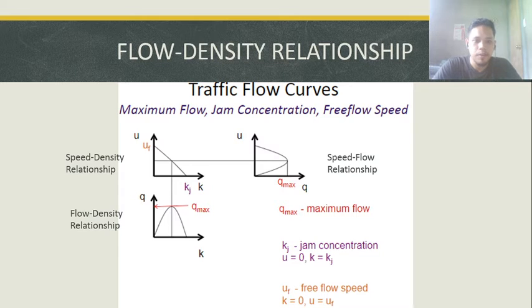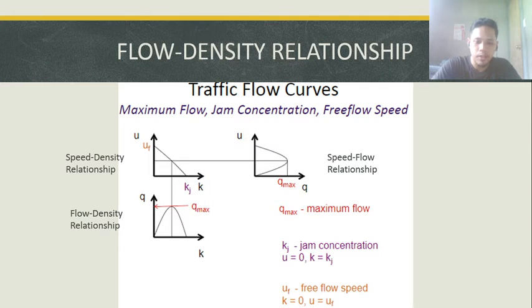Traffic flow curves: maximum flow, jam concentration, free flow speed. On the upper left corner is the speed density relationship, the lower left corner is the flow density relationship, and the upper right corner is the speed flow relationship.